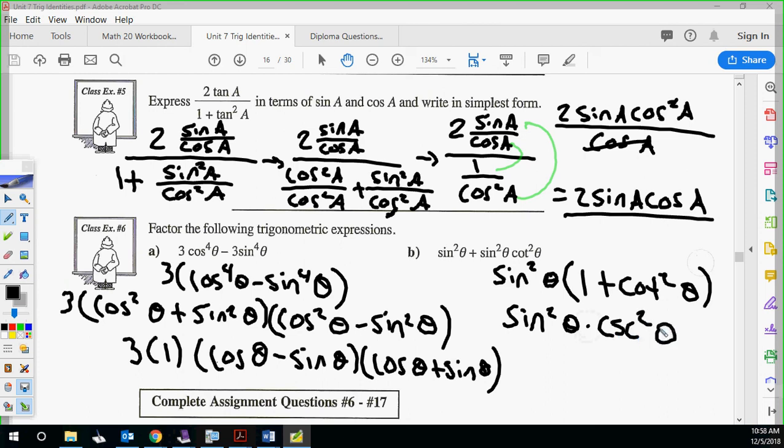Why is that interesting? What's cosecant? Where'd the plus sign go? This equals this by identities. Yep. I said to go find it. 1 plus cotangent squared equals cosecant squared. Yep. Okay.